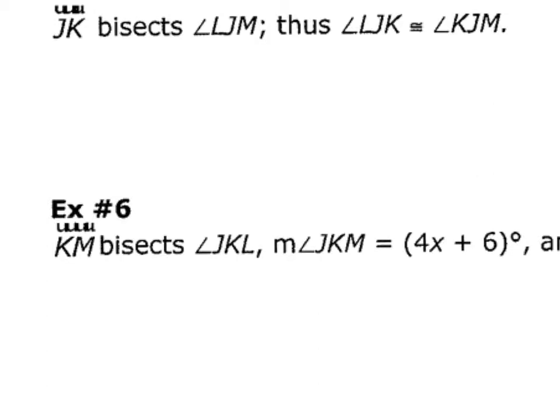Okay, so let's go ahead and draw angle LJM. Here's L, here's J, and here's M. And JK bisects angle LJM, or it's a line that cuts it into two equivalent pieces. So we're going to draw that line.